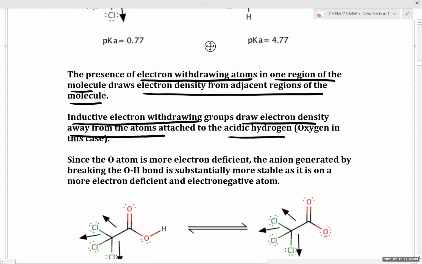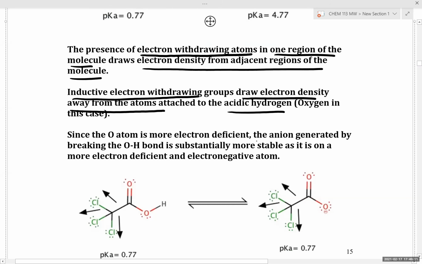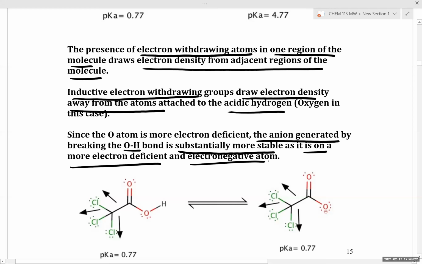And in turn, the anion generated by breaking, in this case, our oxygen-hydrogen bond, is substantially more stable, as it is on a functionally more electron deficient and electronegative atom. So this inductive effect stabilizes our conjugate base anion by delocalizing some of that electron density and drawing some of that electron density away from your electron-rich conjugate base oxygen atom.